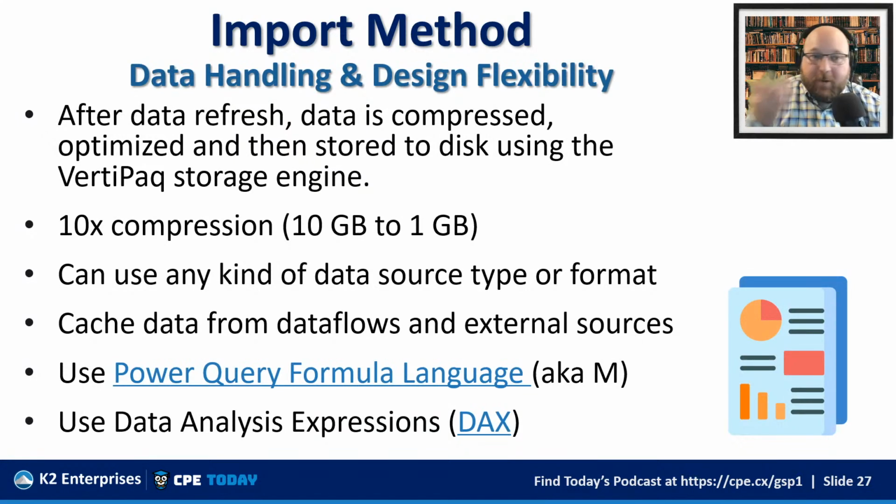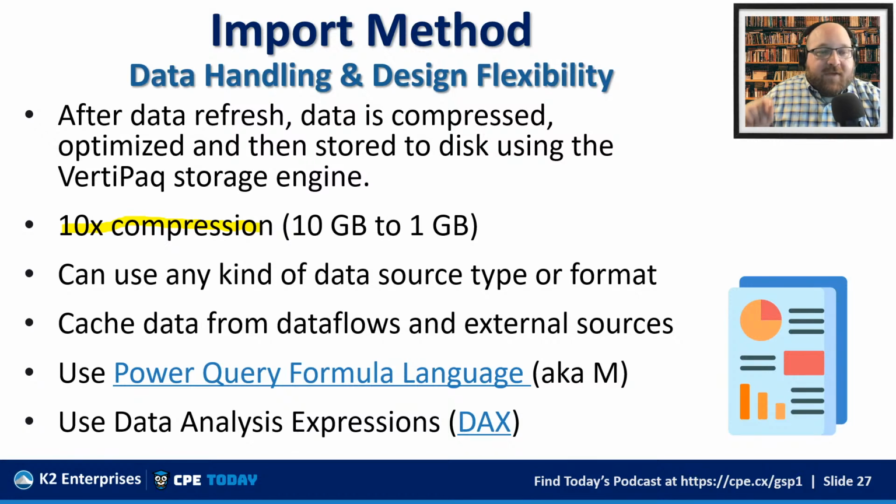Now, one of the good things with the import method is that it has really good compression. So it's not going to unnecessarily make the file super big. Most of the time you'll see about a 10x compression, and that's for the storage in the PBIX file. So a Microsoft Power BI file is a PBIX file.